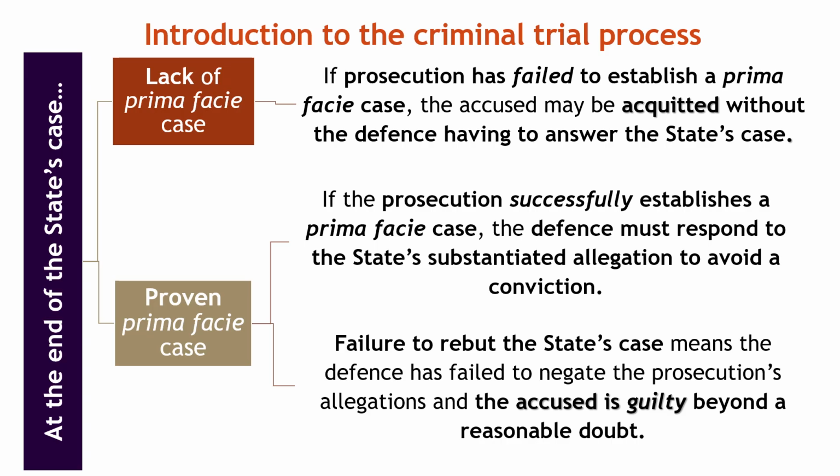There are, however, exceptions where the court will not necessarily have to hear both sides of the case. What is important is that the state or the prosecution must first substantiate its allegations of wrongdoing, of criminal wrongdoing, before the accused is actually required to respond.